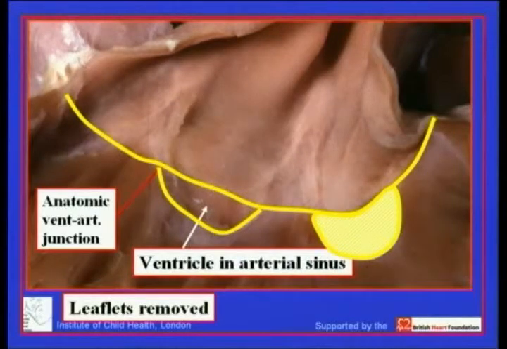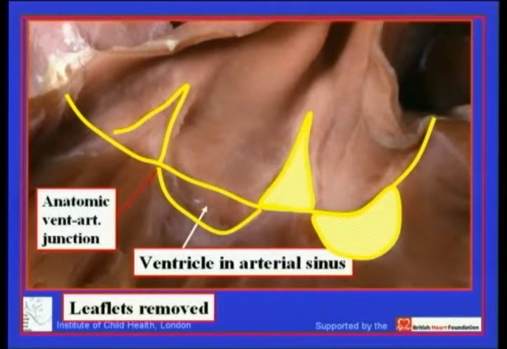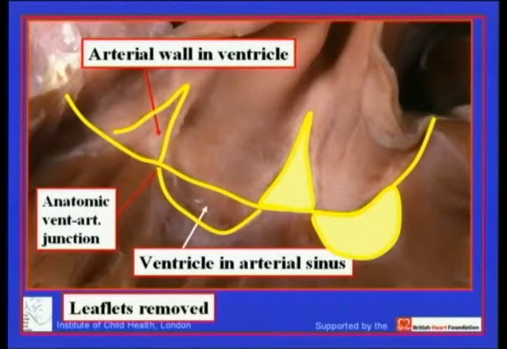But then when you continue to trace the attachment of the valvar leaflets, you note that the semilunar attachments of the leaflets extend up here to the level of the sinutubular junction. And because of that, crescents of arterial wall are incorporated as part of the ventricle.